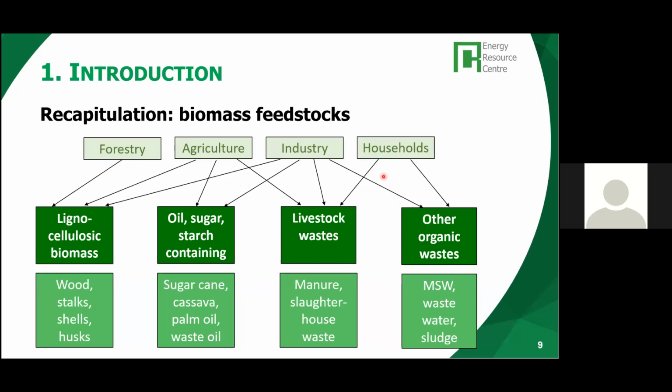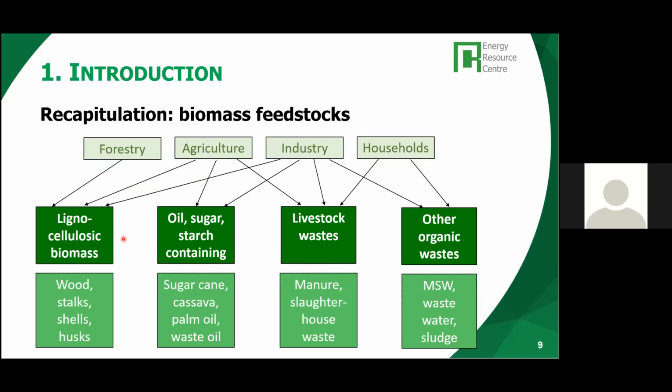We've been looking at different types of biomass feedstocks from different sources: forestry, agriculture, industry, and households. What we see is different types of biomass from different types of sources.